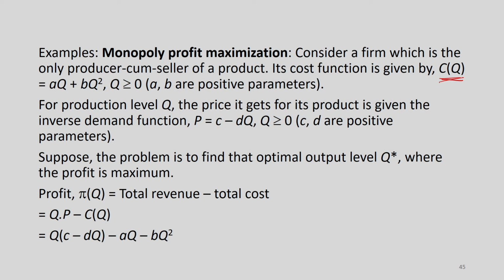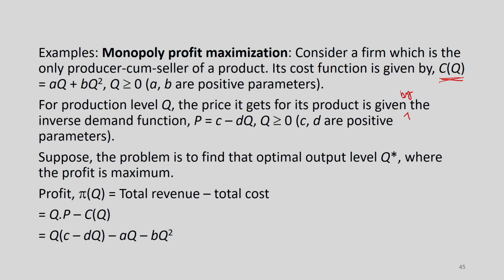Now, for production level Q, the price it gets for its product is given by the inverse demand function, capital P is equal to C minus dQ, where Q is greater than or equal to 0, C and D are positive parameters.